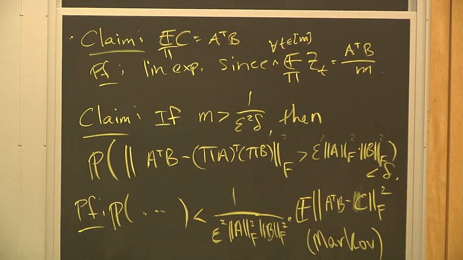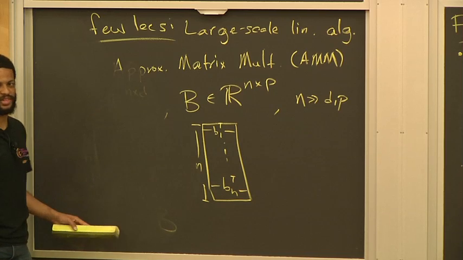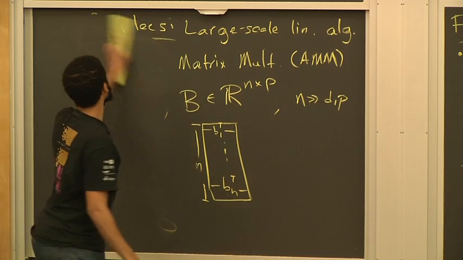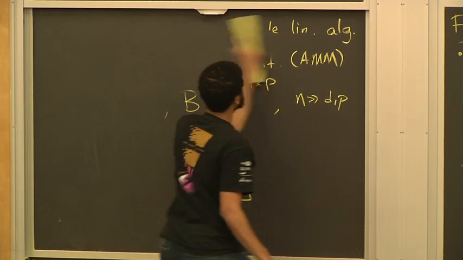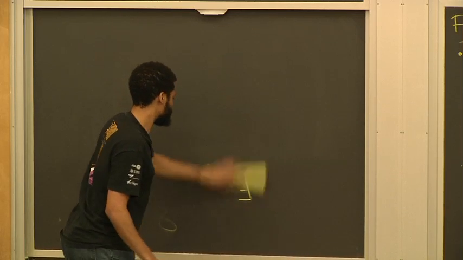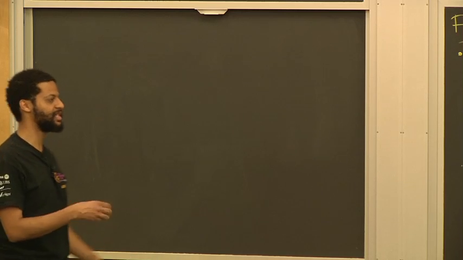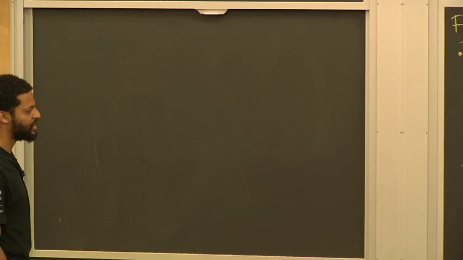So we just need to understand that, and that's where our choice of pk is going to come into play. So far, to get an unbiased estimator, the pks could have been anything, as long as none of them were 0. But this variance calculation depends on the pks, and you're going to see now why we chose them the way we did.